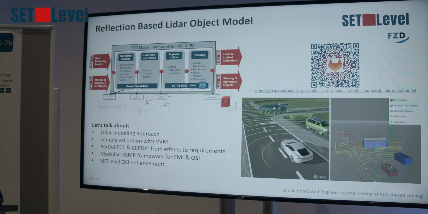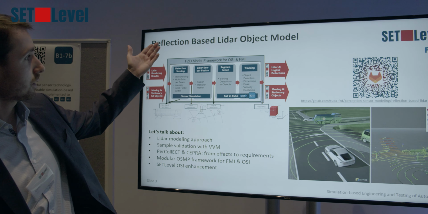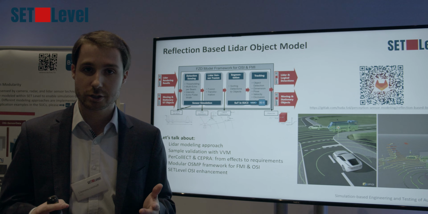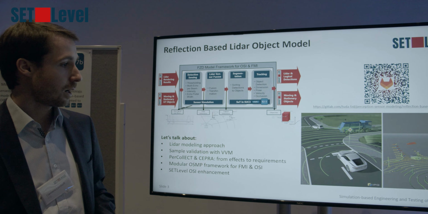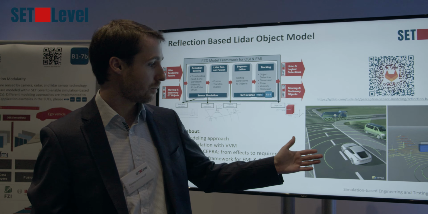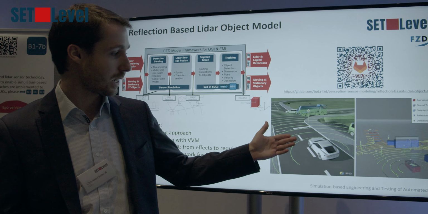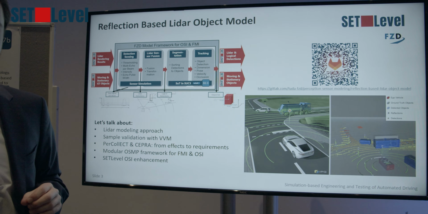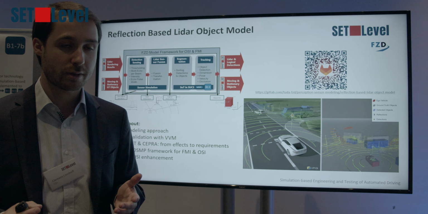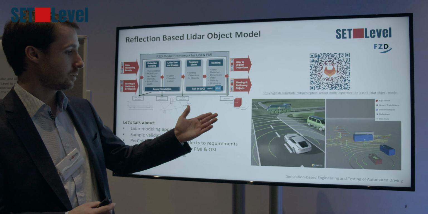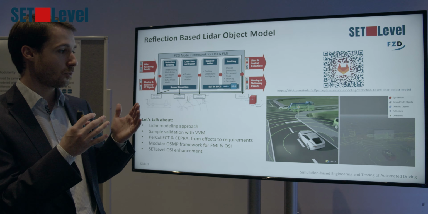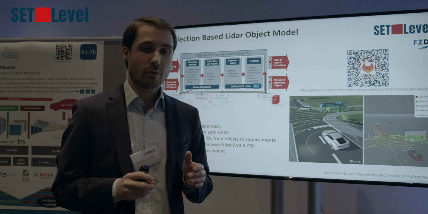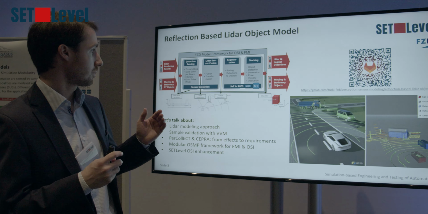The next model is not object-based but reflection-based. It's a reflection-based LiDAR model. This means that from the environment simulation we get individual reflections coming from a ray tracing algorithm, and we take these reflections as a super sampling, and from there we calculate detections.